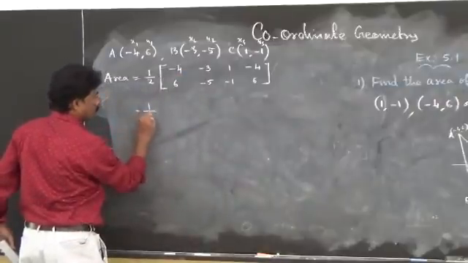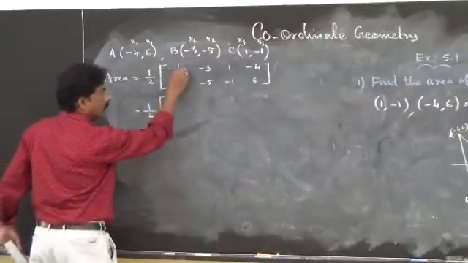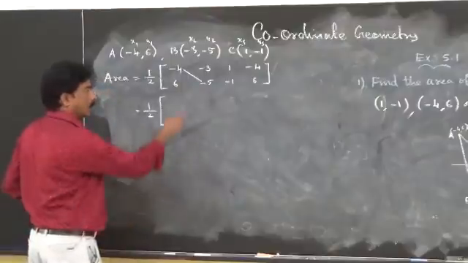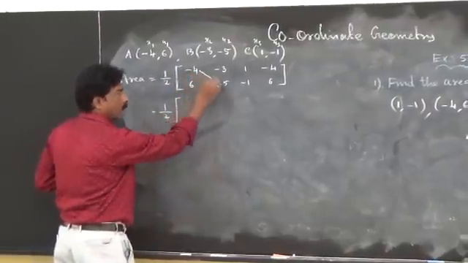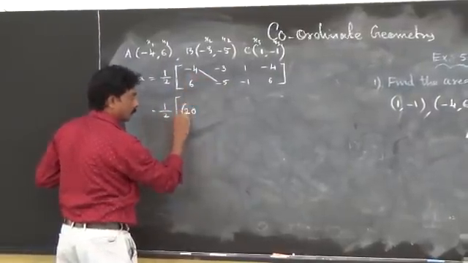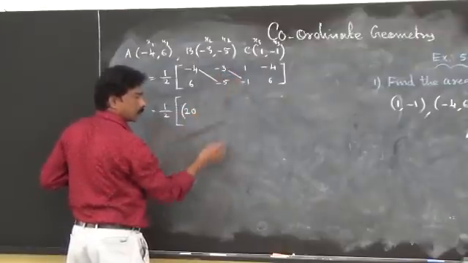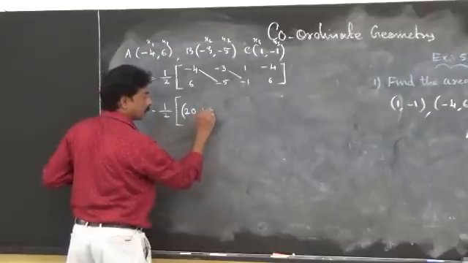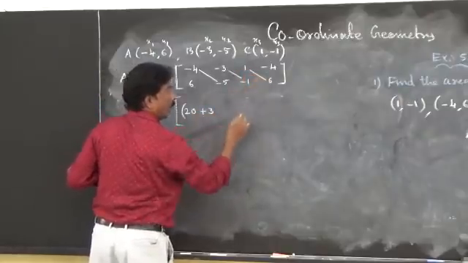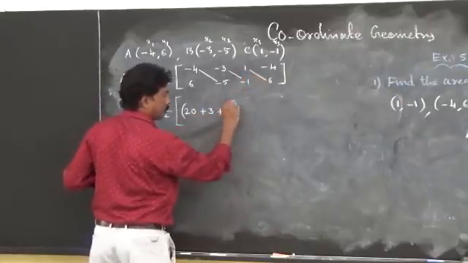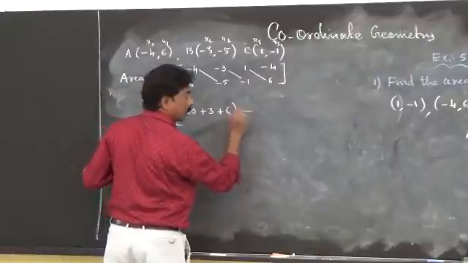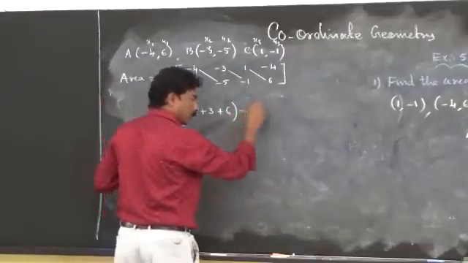So 1 by 2 bracket minus 4 into minus 5. Minus into minus plus. 4 into 5, 20. Minus 3 into minus 1. Minus into minus plus. 3 into 1 is 3. 1 into 6, 6. Close the bracket. This minus is common. That's the formula.